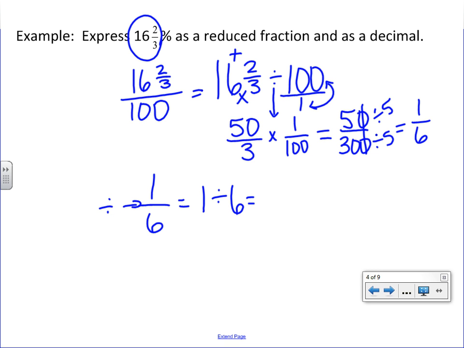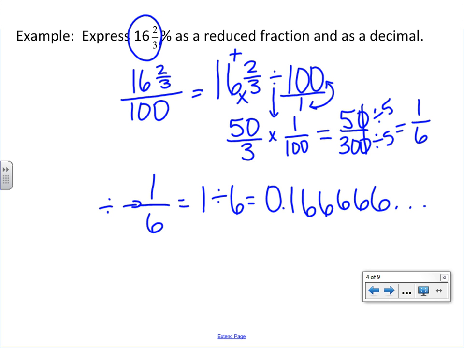And whenever I punch that into my calculator, I'm going to get, let me see, I don't know off the top of my head. 1 divided by 6, that gets me 0.166666 continues.